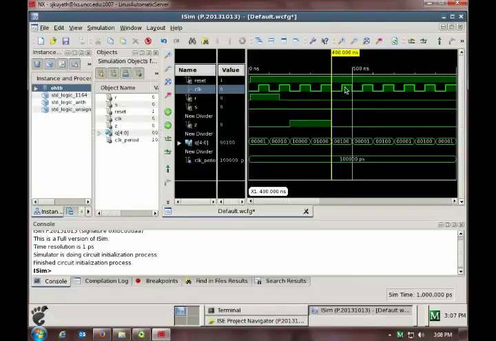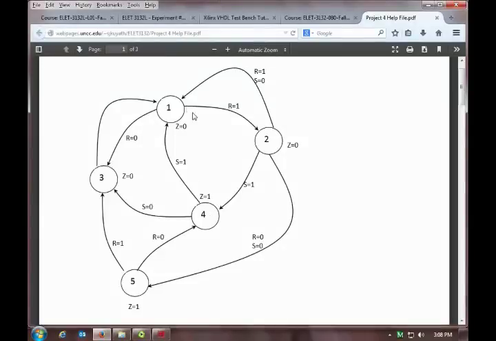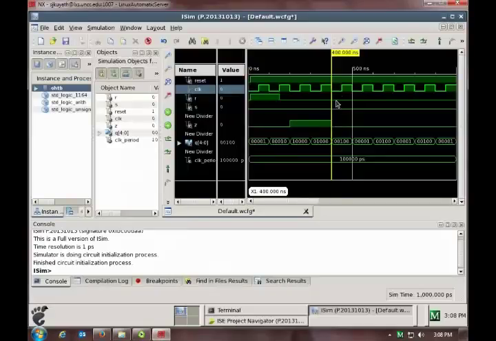So here is a good place to change something. What do I want to change it to? Well, I'm back in state 1. I think that's where I was. At 500 nanoseconds, I'm back at state 1. So where was I?